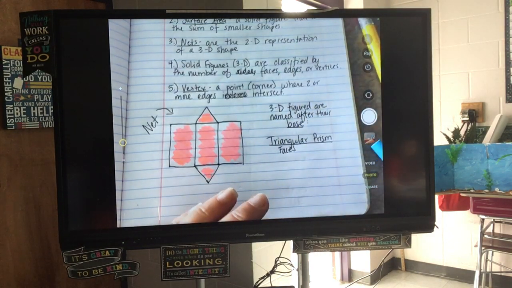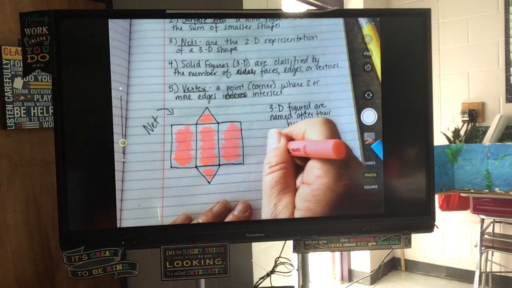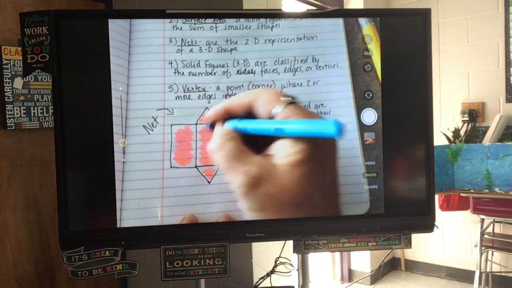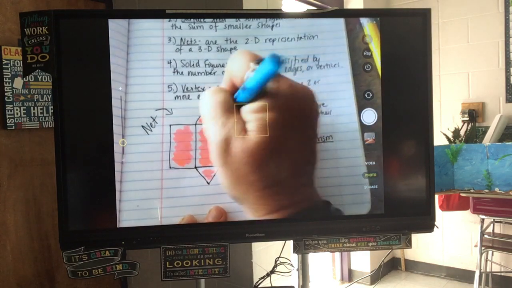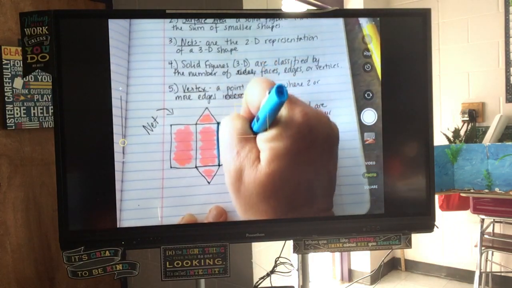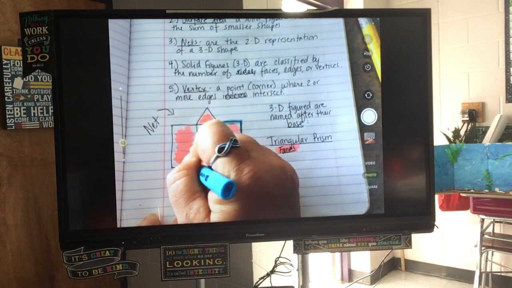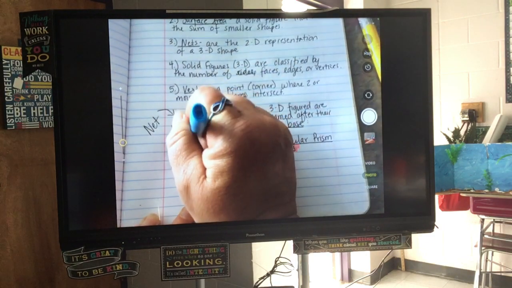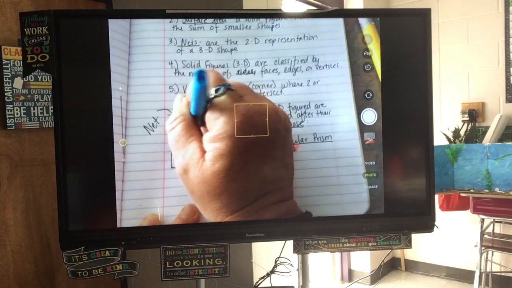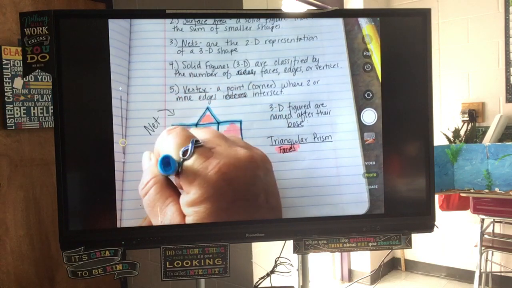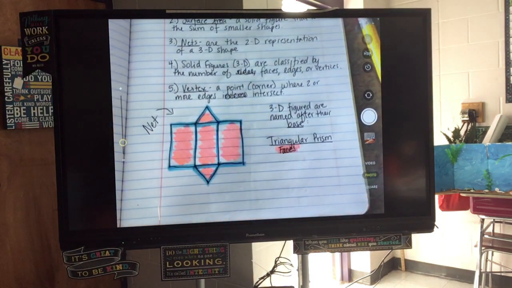So those are the faces. What are those called that I just essentially outlined?